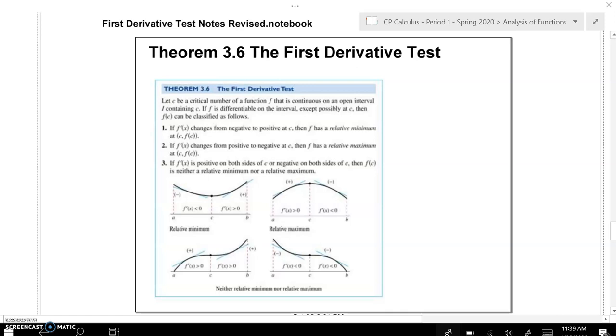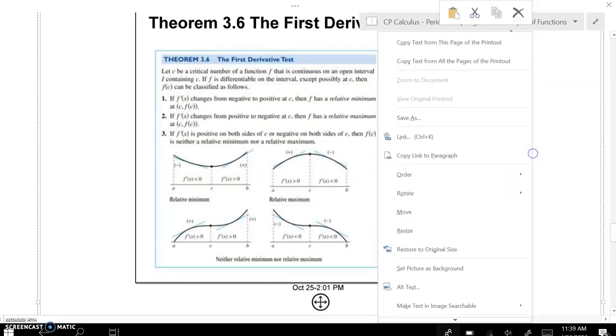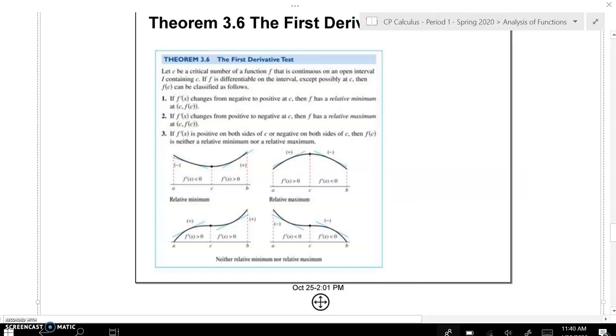And then there are going to be some cases that you find where it's a transition point, but it's transitioning from increasing to increasing or decreasing to decreasing. So I have increasing points. I still hit a critical value there where I have a slope that's equal to 0, but then on the other side of that critical value, it increases again. So if that's the case, you don't have a relative max or a relative min, but you still have a critical value. It's still a point at which your slope is equal to 0.